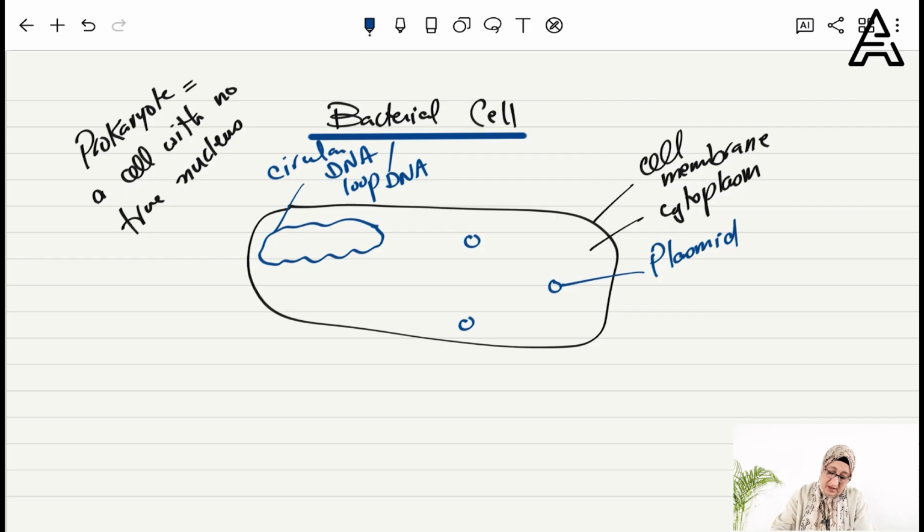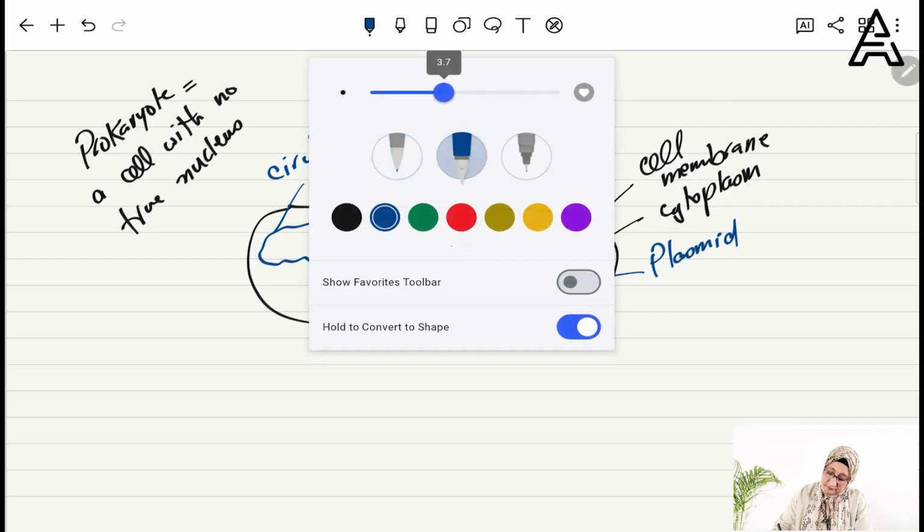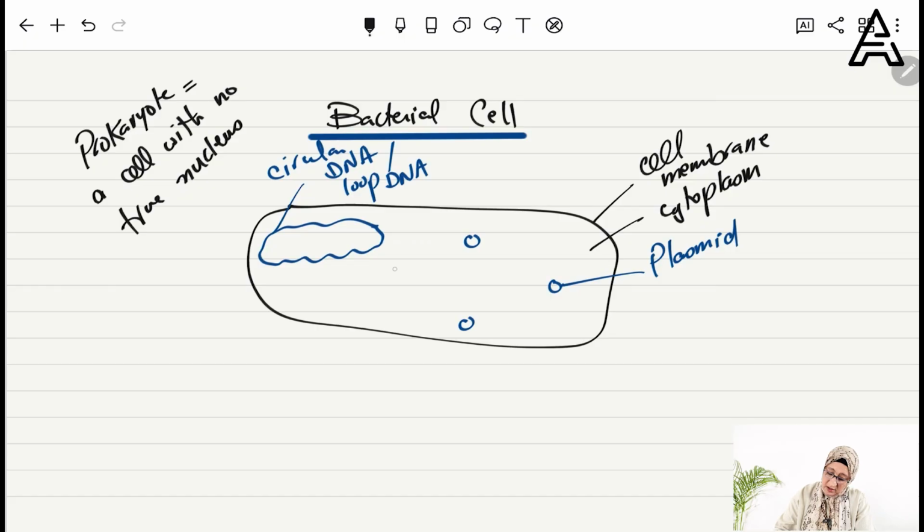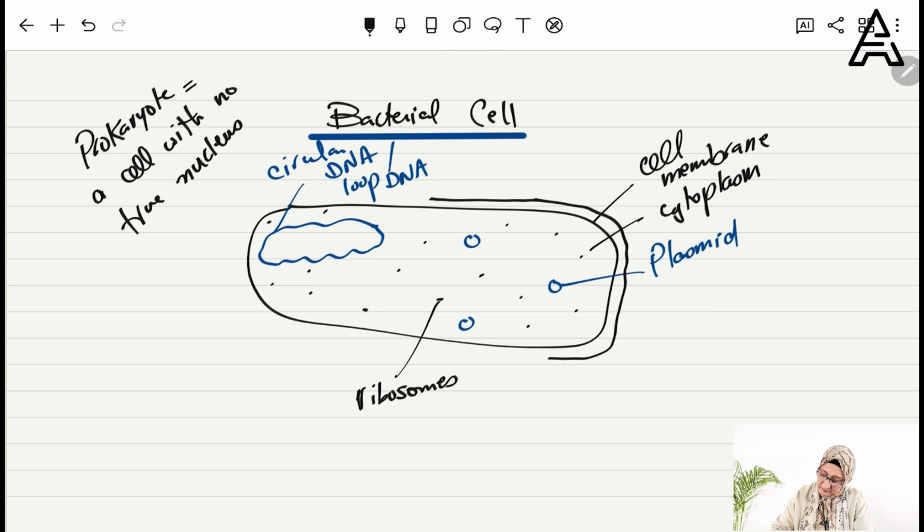Okay? طيب. Another structure that we talked about today present in the bacteria, these are the ribosomes. Okay? And another structure surrounding the cell membrane from the outside.